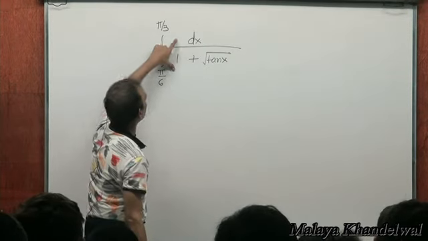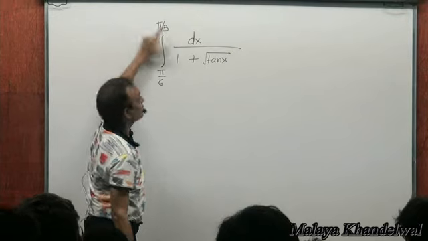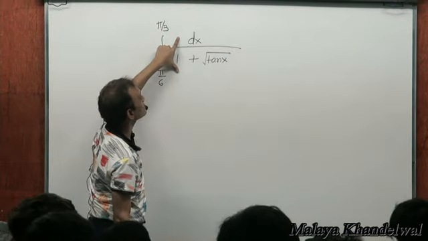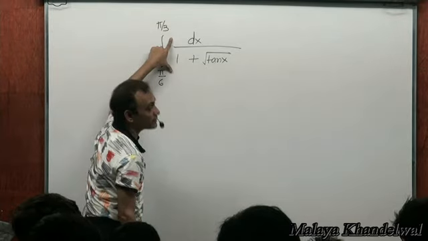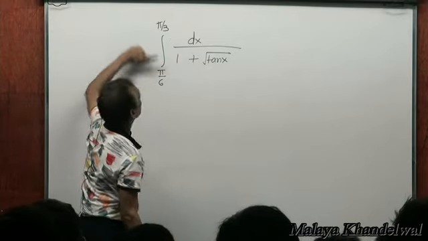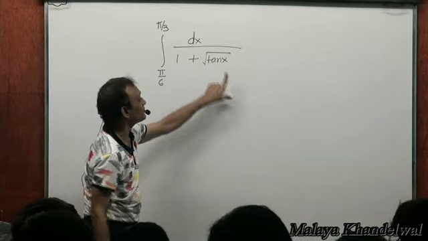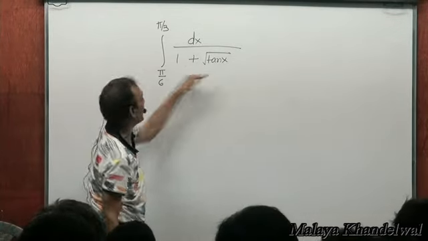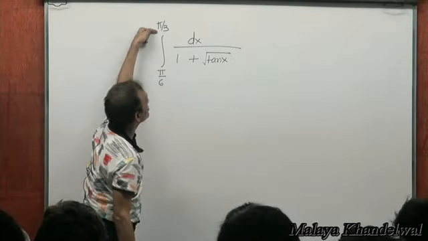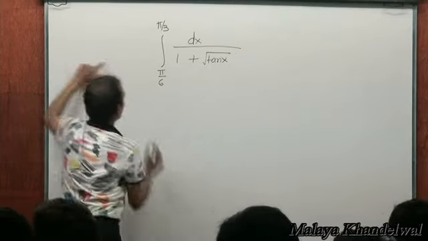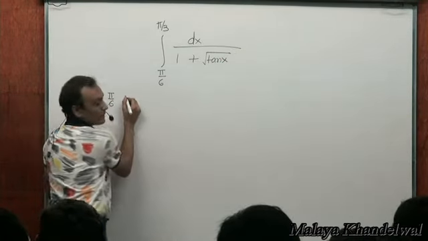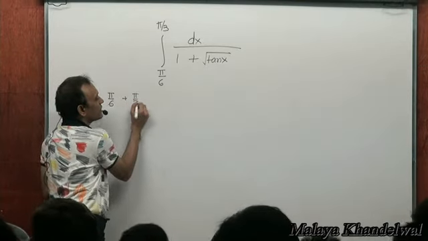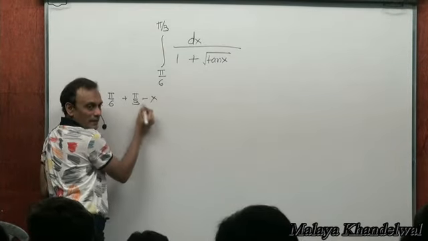The integral of f(x) dx from a to b would be the integral of f of a plus b minus x. That means this x could be replaced by a plus b minus x. And do you realize that a plus b minus x is pi by 6 plus pi by 3 minus x?